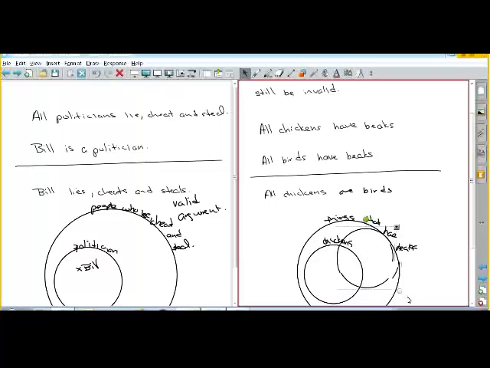All I can do by the second statement is say that if I draw a circle to represent birds, all I can do is make sure it's in the bigger circle, but I don't know whether chicken's a bird or not, because that's not stated at all. So it has to be explicitly stated. That's why it's a true statement, but it's only true because you're making implicit assumptions about things.